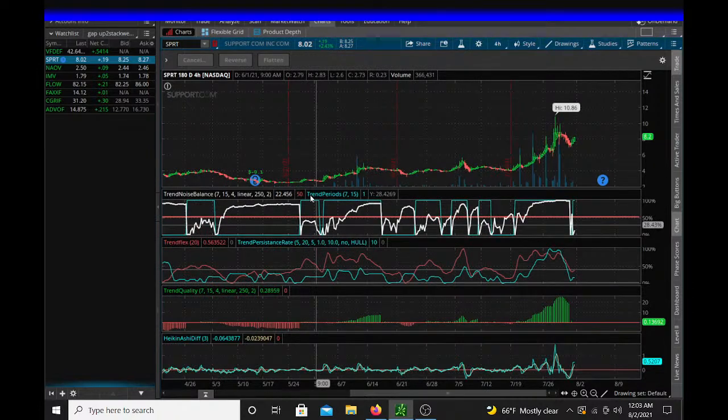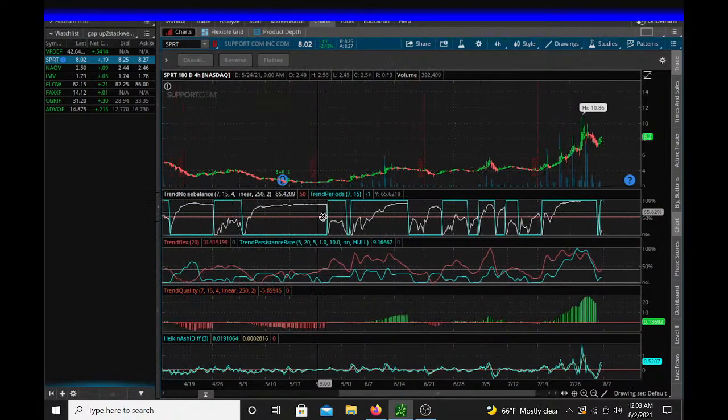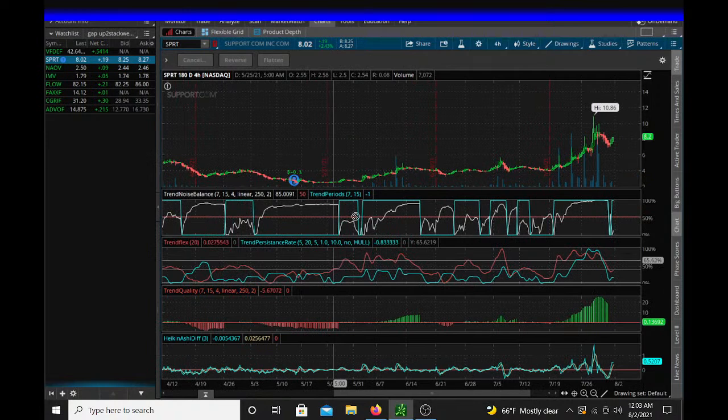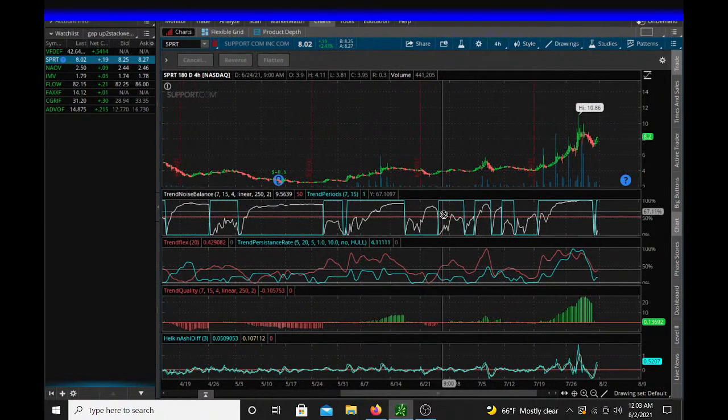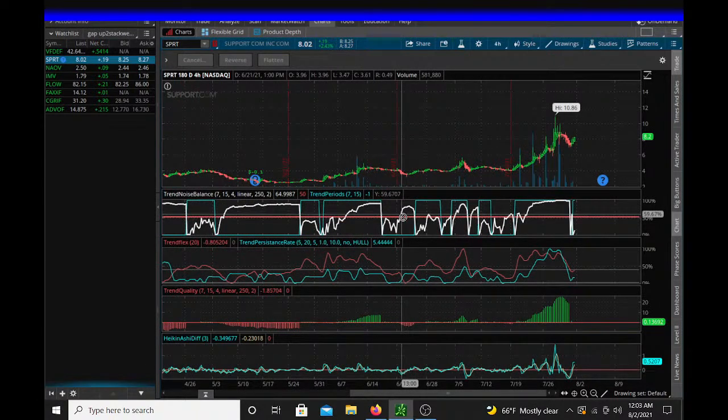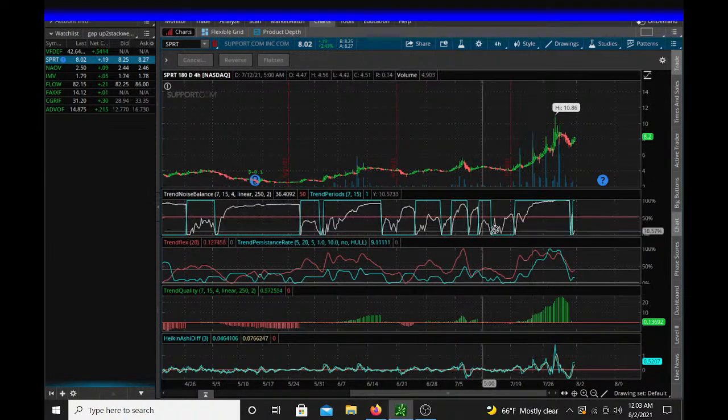And here we go. So now we can start looking for where we see these big differences happen. Yeah, where they disagree. Okay, they disagree here. Price moves up.